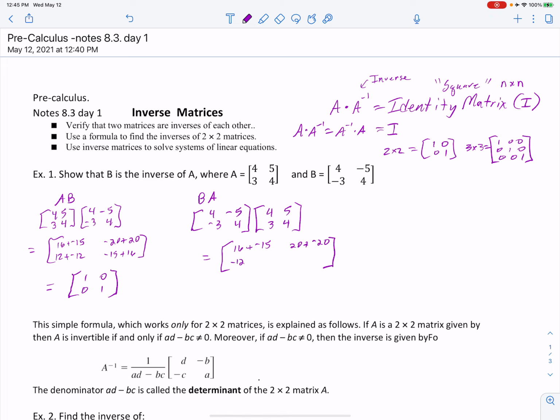A negative 12 plus 12. And a negative 15 plus 16. And we get 1, 0, 0, 1. And so we've shown that they are inverses of each other because when we multiply them in either order, you get the identity matrix.